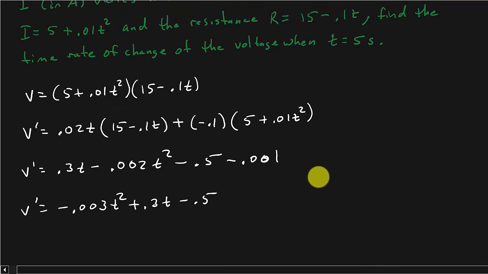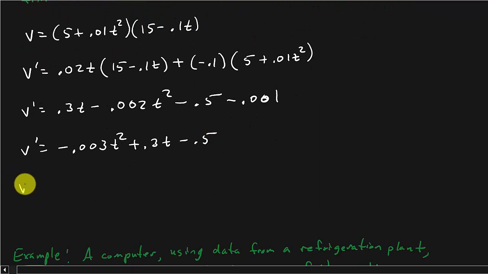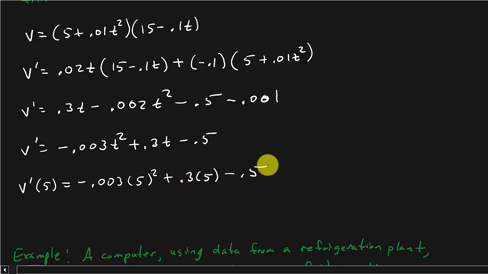Now they want to know the time rate of change of the voltage when t equals 5 seconds. So we just evaluate the derivative at 5. And so V prime of 5 is equal to negative 0.003 times 5 squared plus 0.3 times 5 minus 0.5.